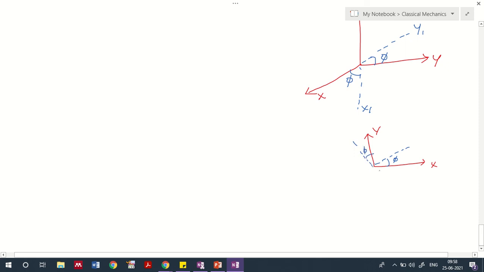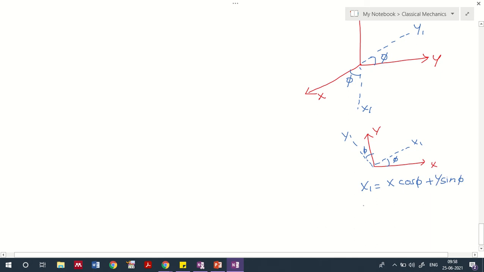Now if you represent x1, we know that this is x1 and this is y1. Then x1 will be x cos phi plus y sin phi, this is how we notate that.